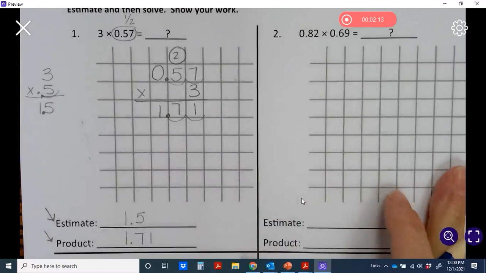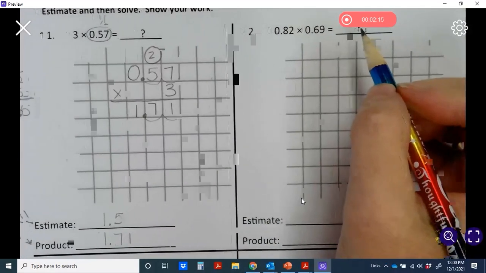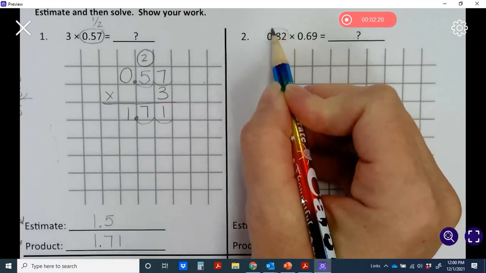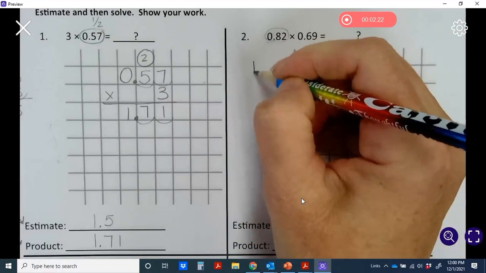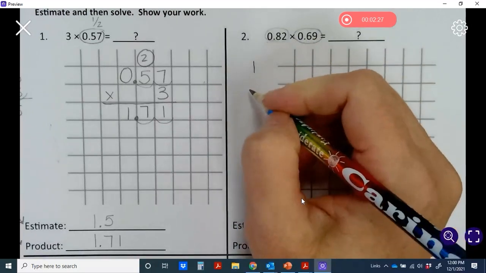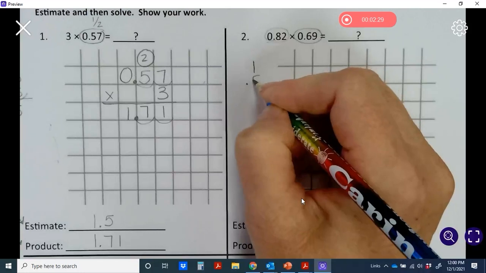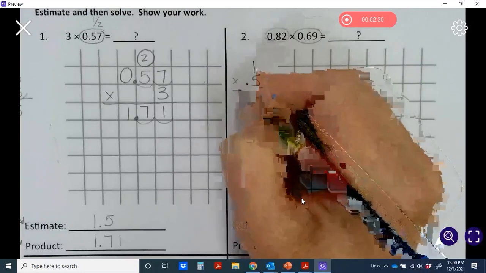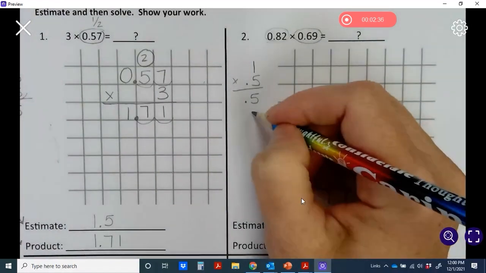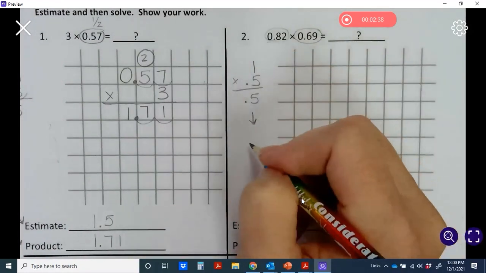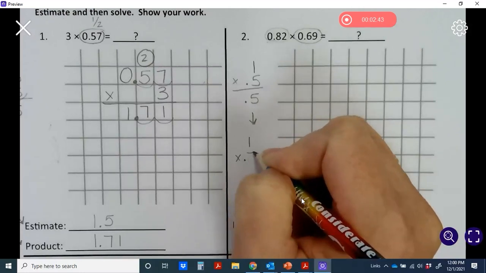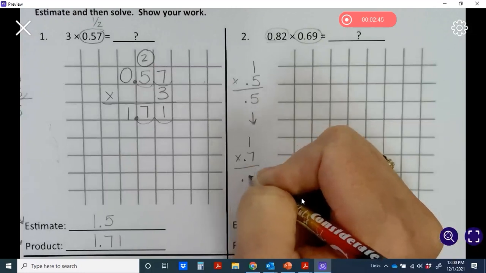Okay, question number 2. I'm going to round 82 hundredths to 1, and I'm going to round 69 hundredths to a half, so it's going to be 0.5, okay? And 1 times 0.5 is 0.5. Now, I could have made this 1 times 0.7 if I wanted to, which would be 0.7.